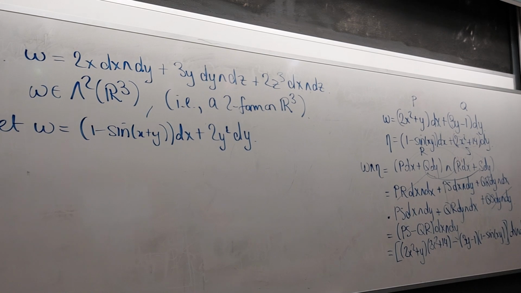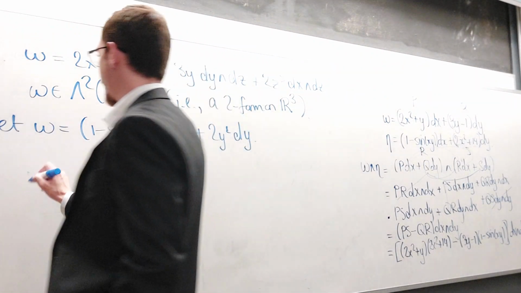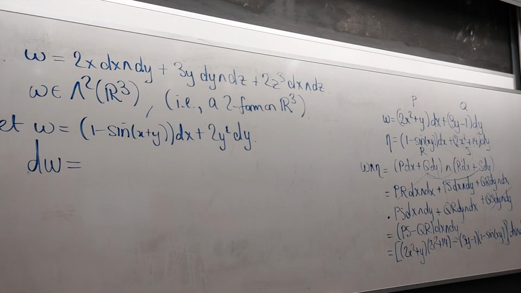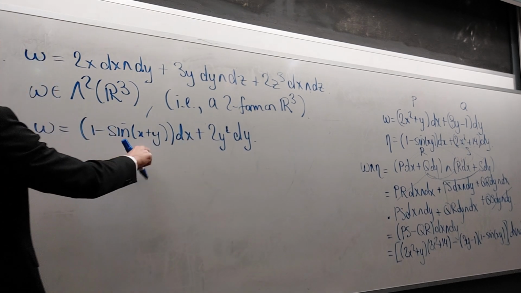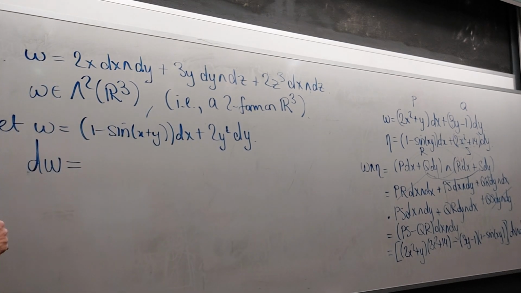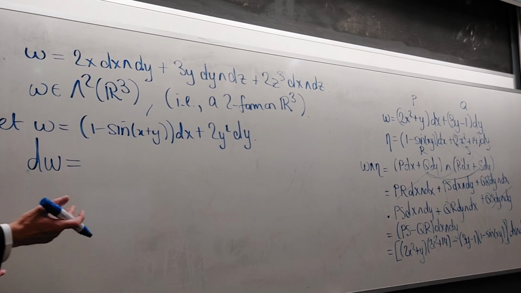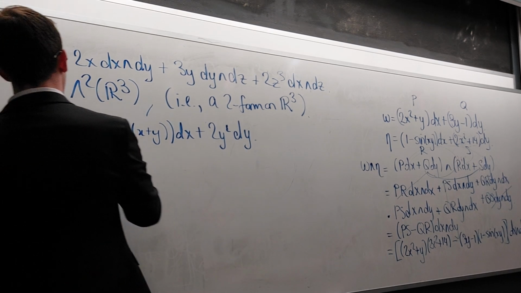It's a one form. I want to compute d omega, the exterior derivative of omega. So I take the component function, the 1 minus sine(x plus y), and I compute its exterior derivative as per usual. That's a function, I can compute its exterior derivative.